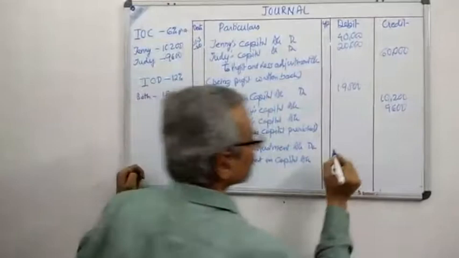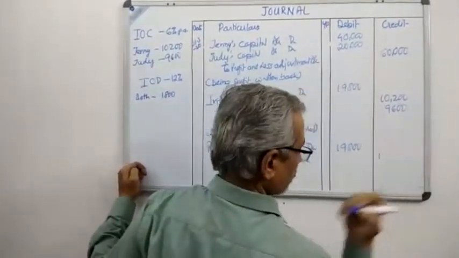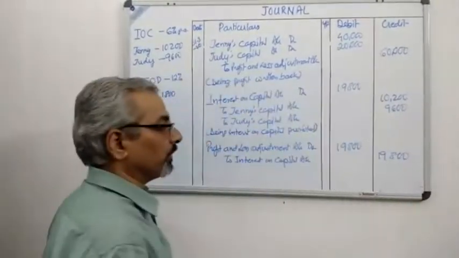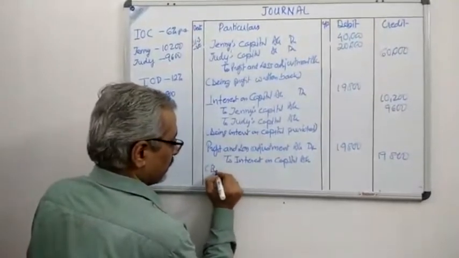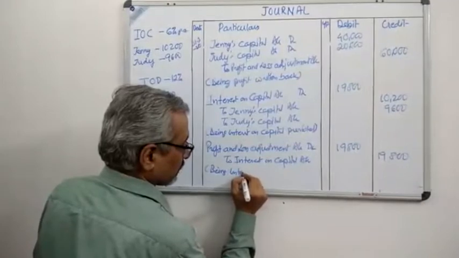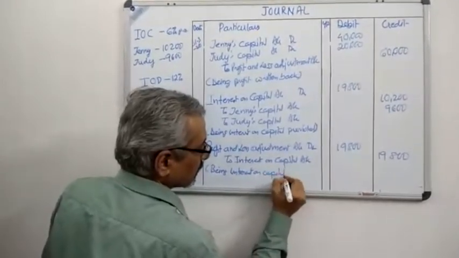What is the figure? 19,800. The figure is 19,800. Now what is the narration? Narration is being interest on capital transfer.